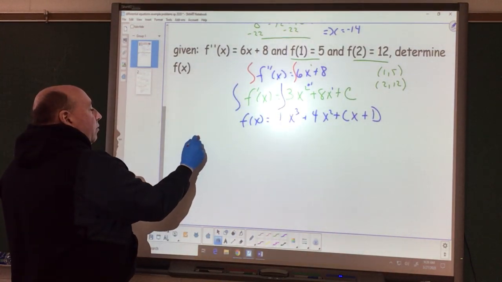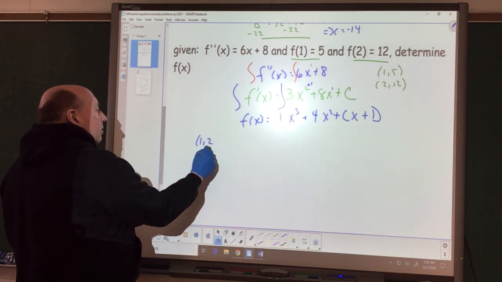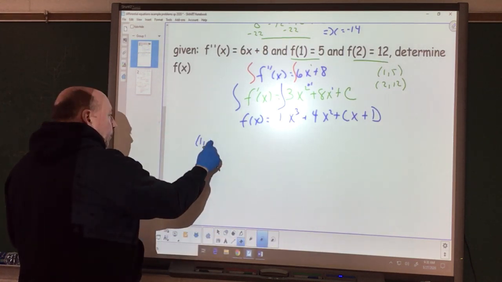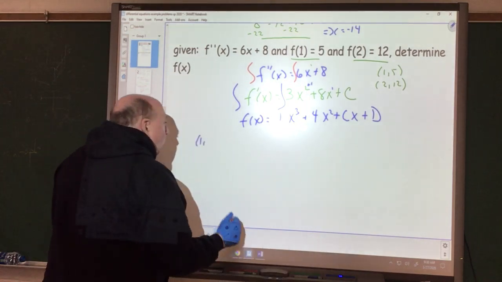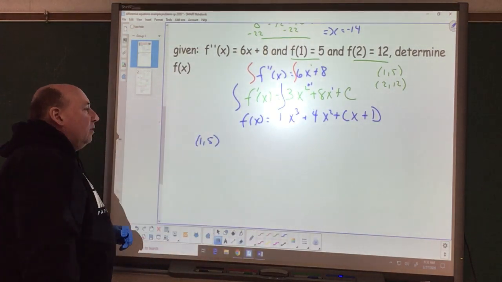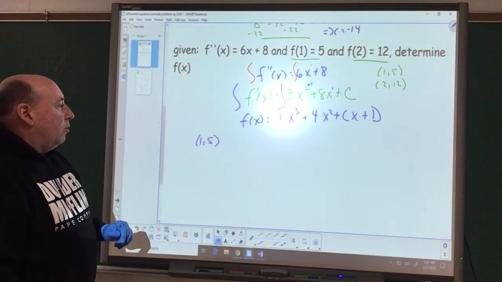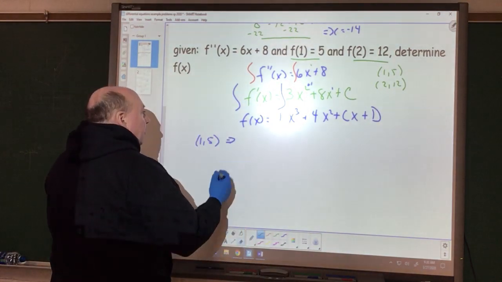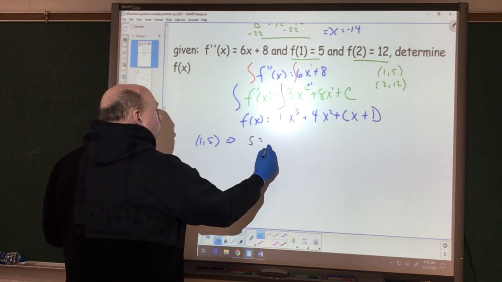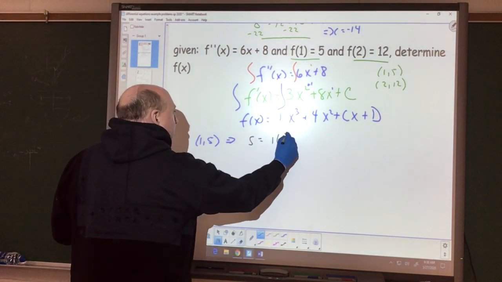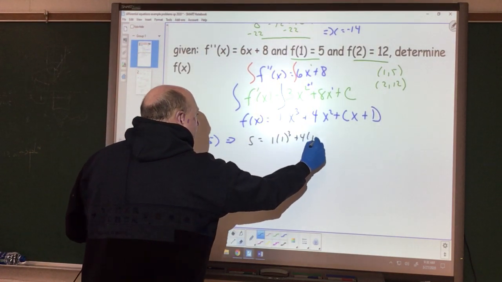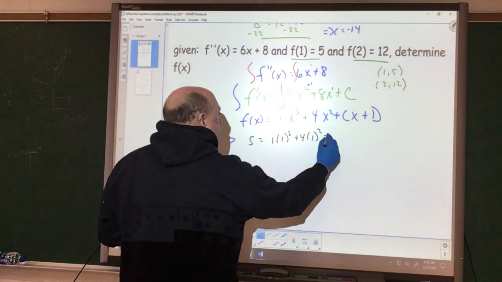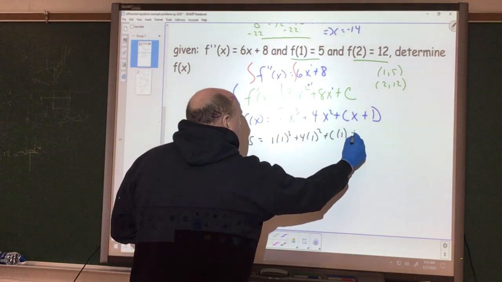If I have the ordered pair (1, 5), that's my first ordered pair. What this gives me is 5 is equal to 1 times 1 cubed plus 4 times 1 squared plus c times 1 plus d.